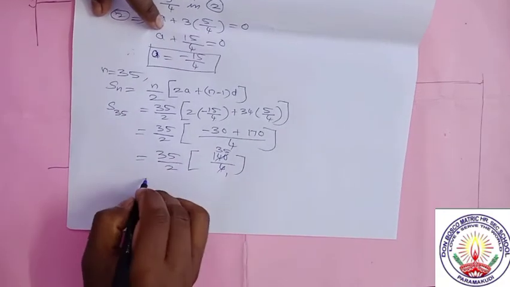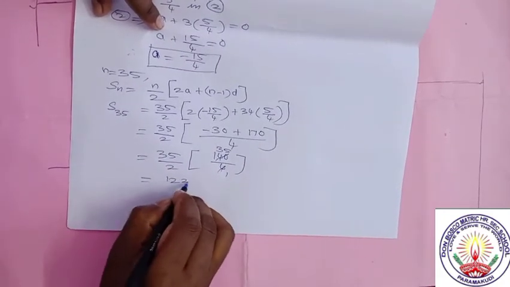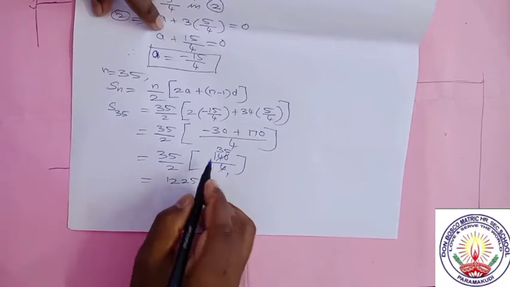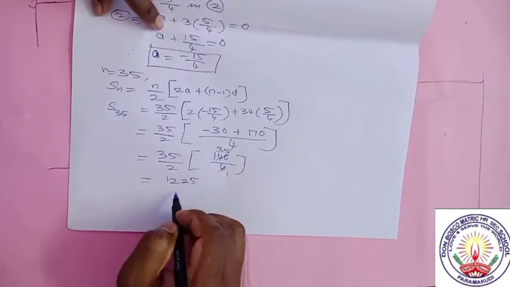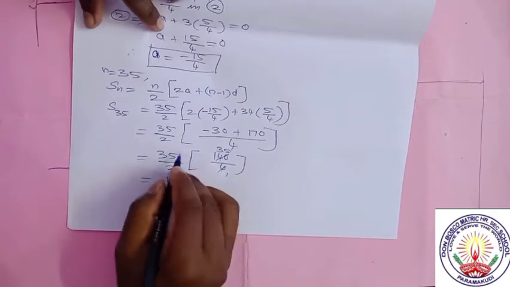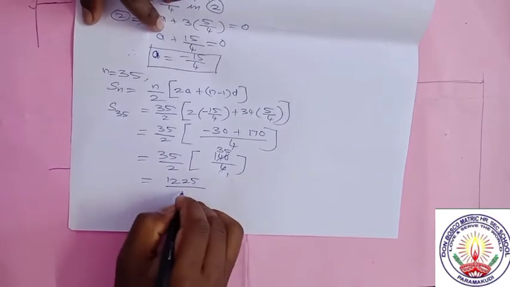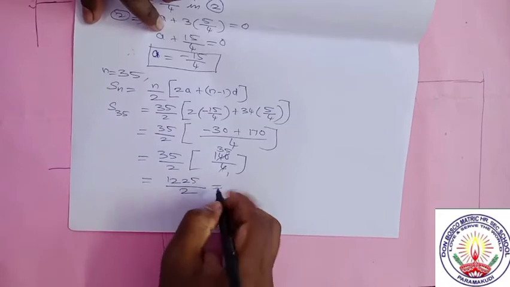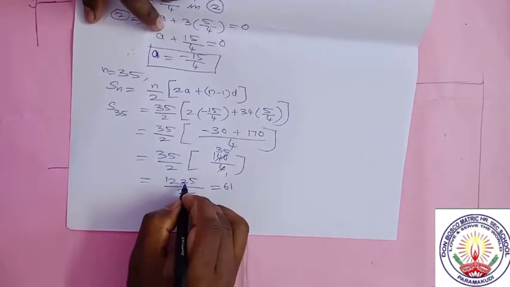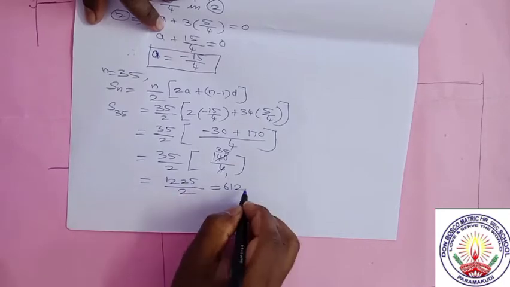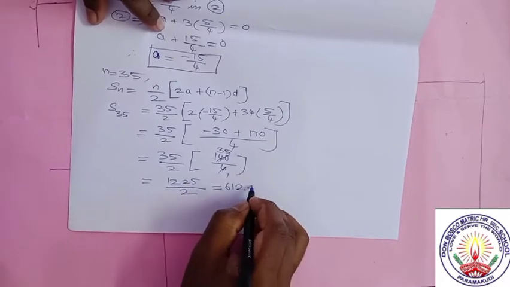So 35 into 35 is equal to 1225. 35 square: 3 into the next number 4 is 12, 5 square is 25. So 1225 is the 35 square, divided by 2: 6 2s are 12, 1 2 is 2, 2 2s are 4, remaining 1, 10, 5.